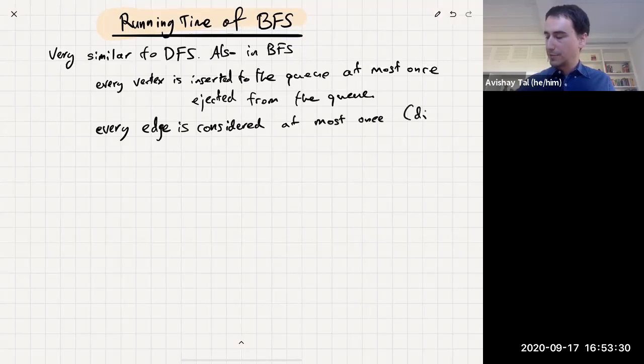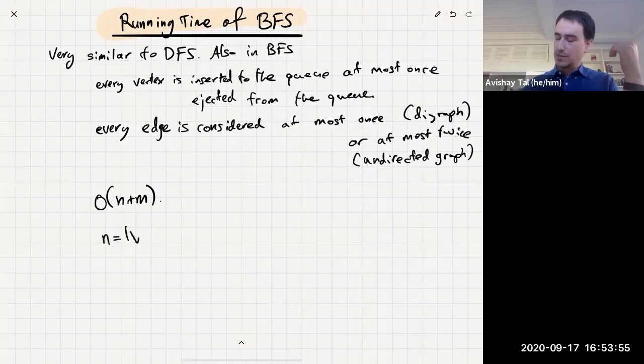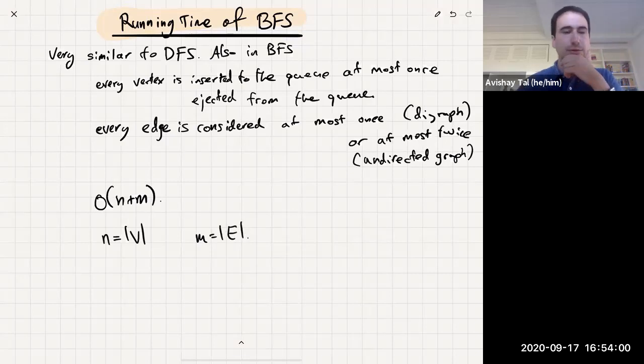If it's a digraph, or at most twice if it's an undirected graph. Anyway, it's order 1, right? So the total amount of operations we do is order n plus m, where I remind you that n is the number of vertices and m is the number of edges. Right, so this is again a linear time algorithm that computes all the distances.